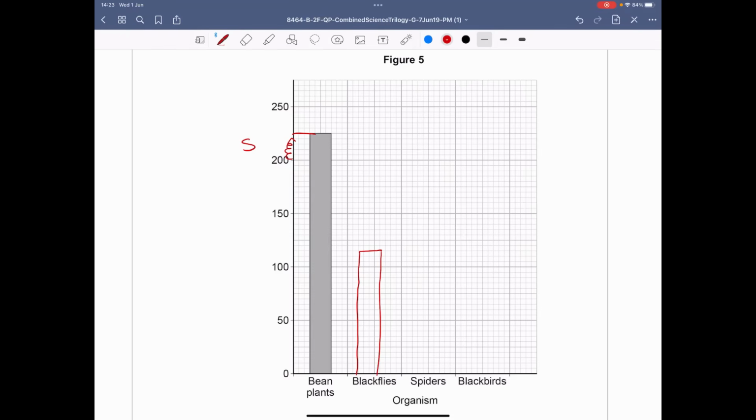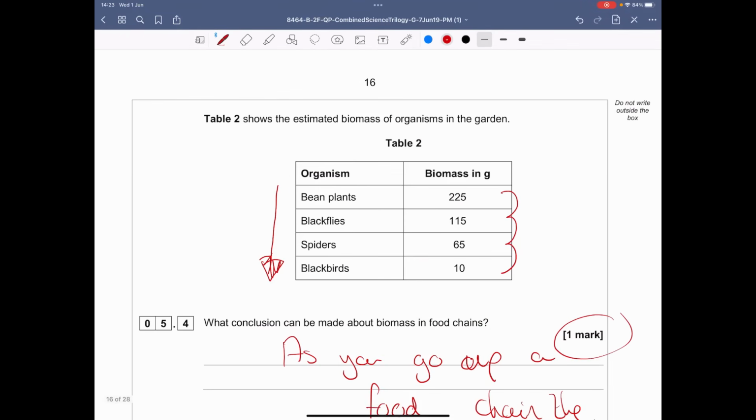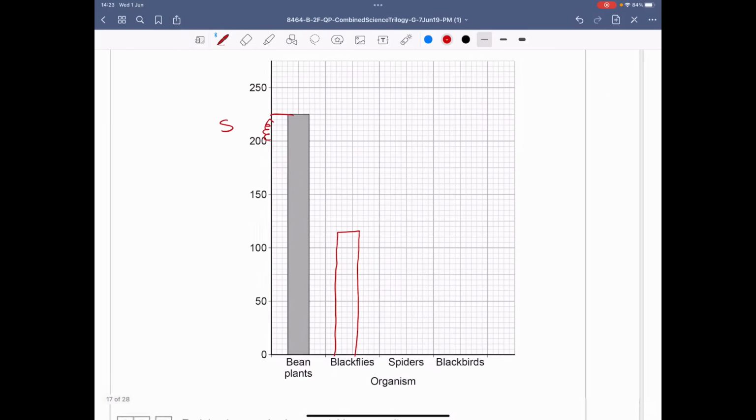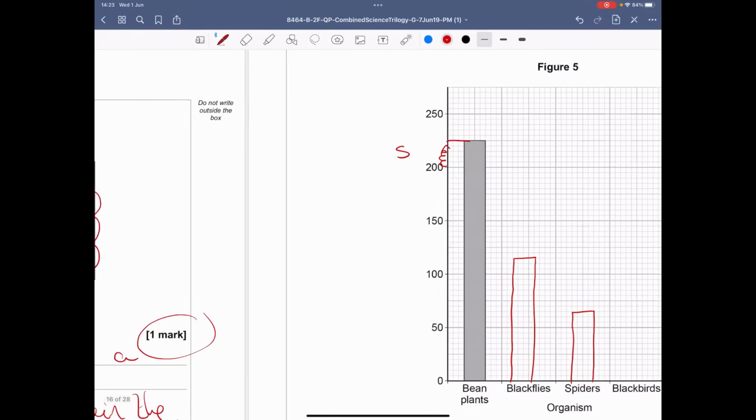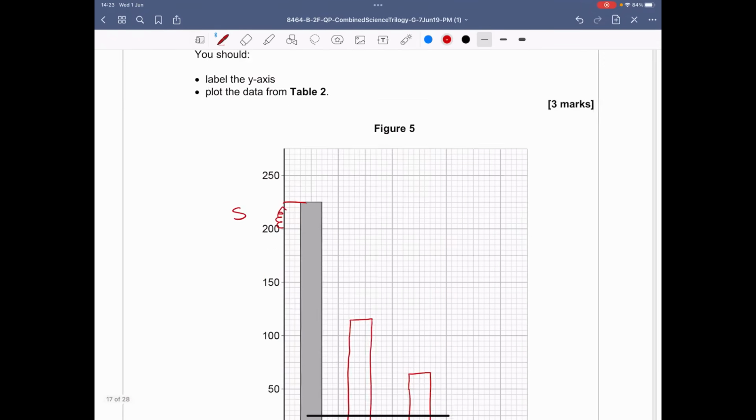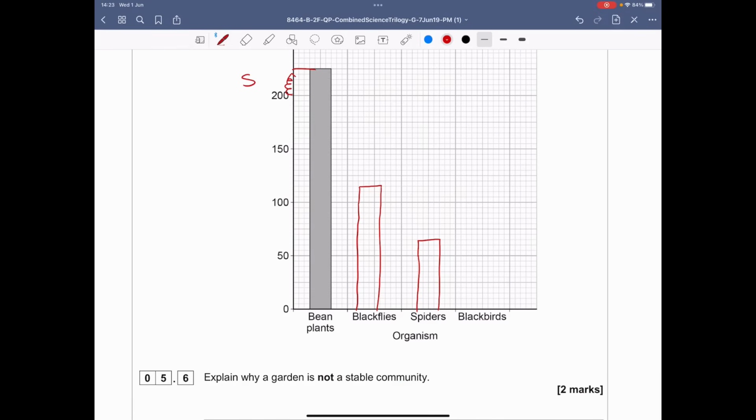Obviously you guys would do it with a ruler. Then spiders is 65, so again it would be 3 little squares above the 50. And then the blackbirds is only 10, so it would be 2 squares up from the bottom. Okay, and that is it plotted.